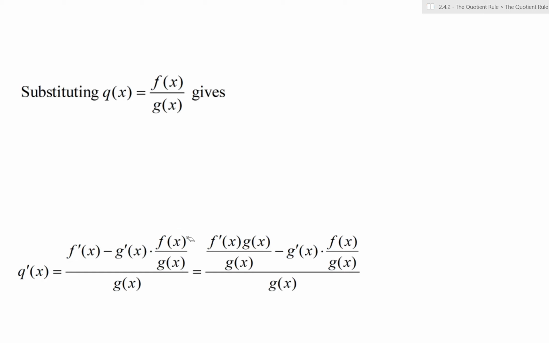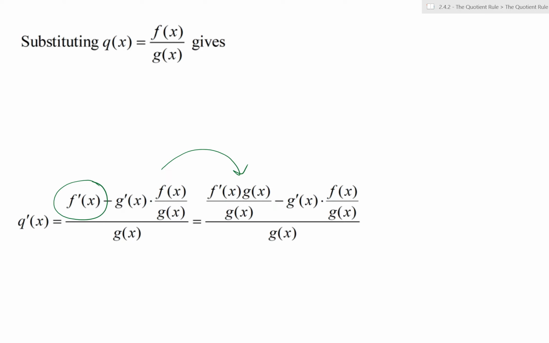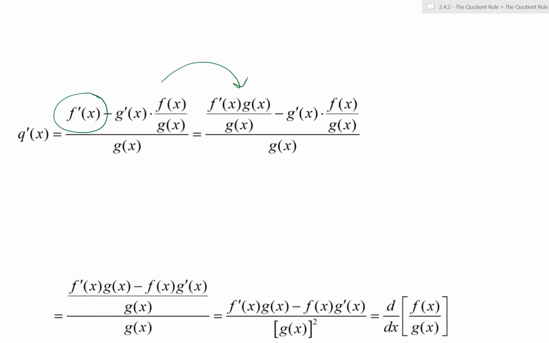And then I'm just going to clean this up. So this next step right here, all I did was take the f prime and get a common denominator with g of x so that I could add the terms in the numerator. So that's why we see that appearing right there. And then I'll go ahead and add those like terms up.